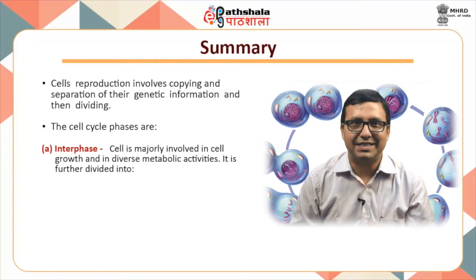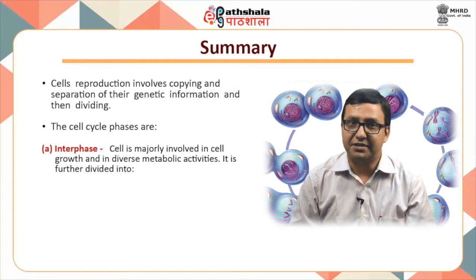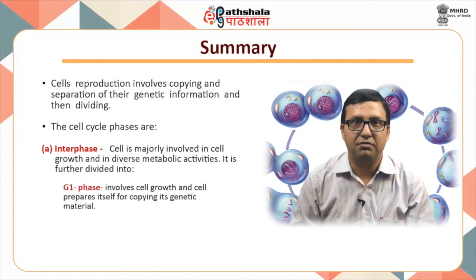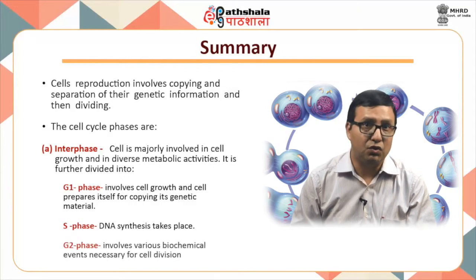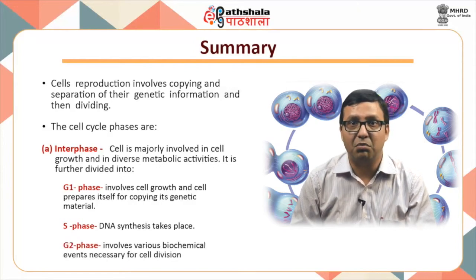Interphase, where the cell is majorly involved in cell growth and diverse metabolic activities, is further divided into the G1 phase, which involves cell growth as the cell prepares itself for copying its genetic material. In the S phase, DNA synthesis takes place. The G2 phase involves various biochemical events necessary for cell division.